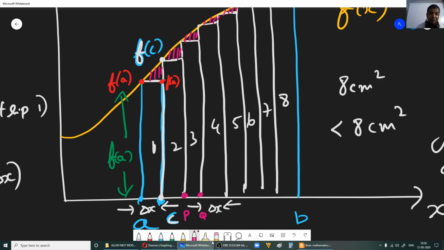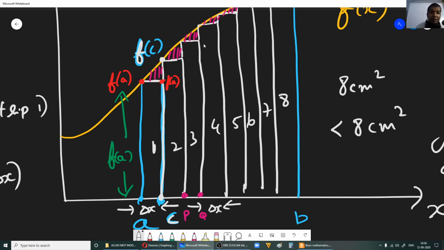So q has a fixed value which I have not taken here. When x changes from p to q, we will assume that the value of f of c, the function value, will not change.